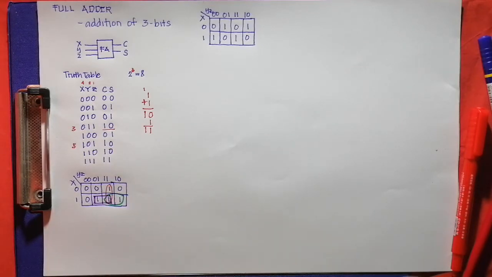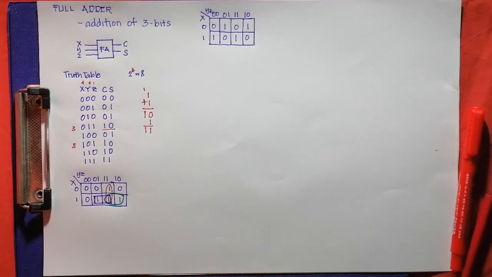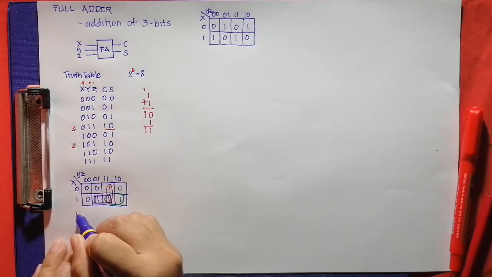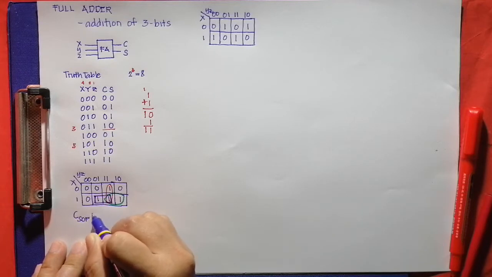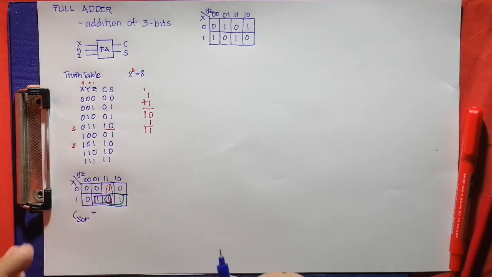Okay, so let's get now the equivalent minterm. So we have here the C SOP, sum of products, meaning to say you're going to group all the ones and get the minterm.